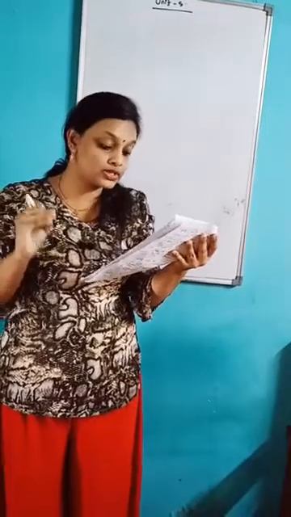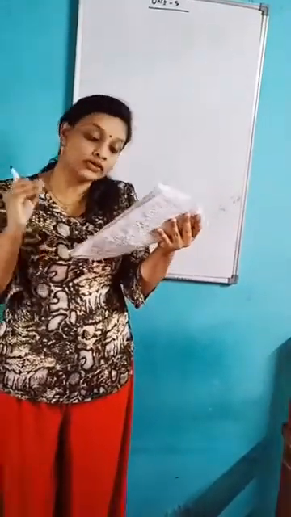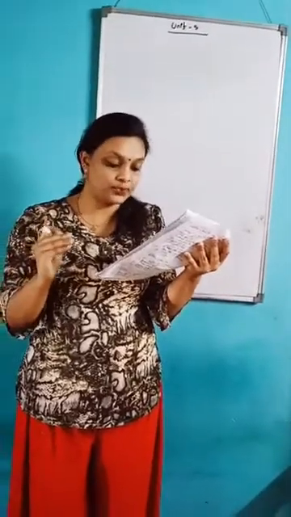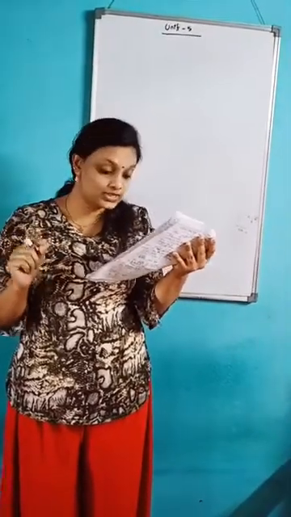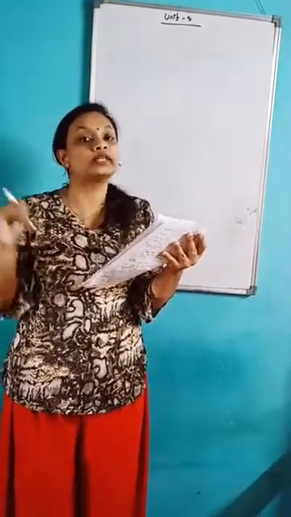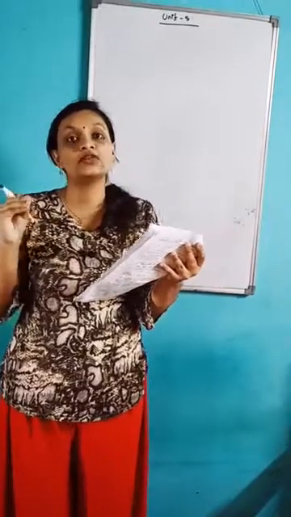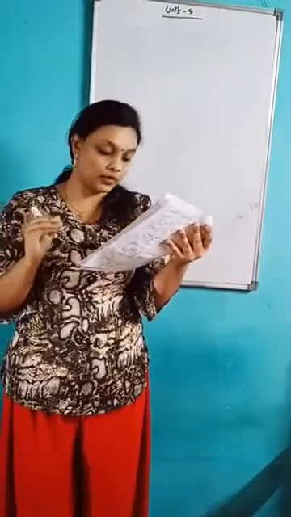Next is business profits, rupees 2,40,000 after charging depreciation and tax, 26,000 and 20,000 respectively. So you should calculate the format for income from profits and gains of business and profession.